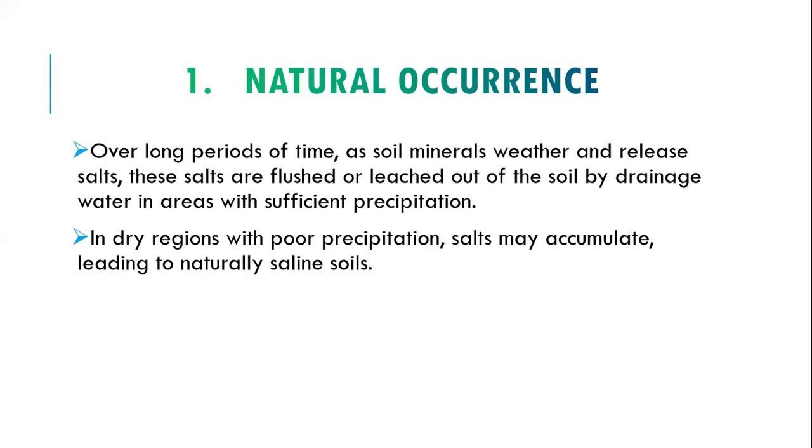These salts are the ones that are flushed out of the soil by the drainage water in areas with sufficient precipitation. While in the dry regions with poor precipitation, salts may accumulate, leading to natural saline soils. I hope it's clear. This is the first cause of soil salinity, that is natural occurrence.